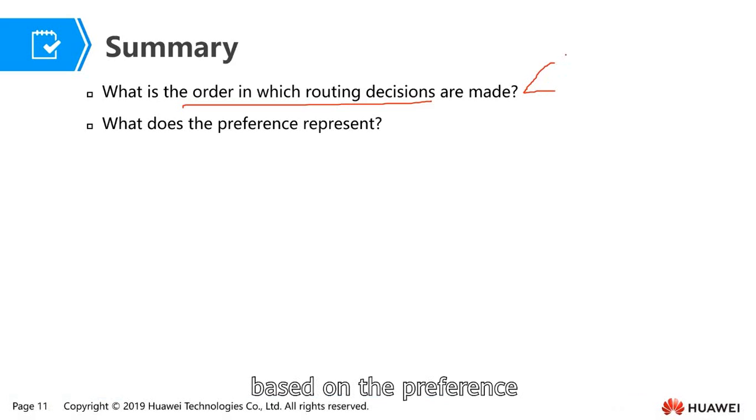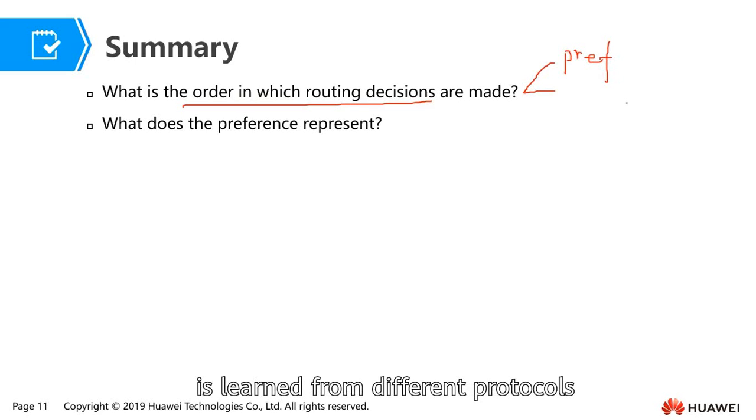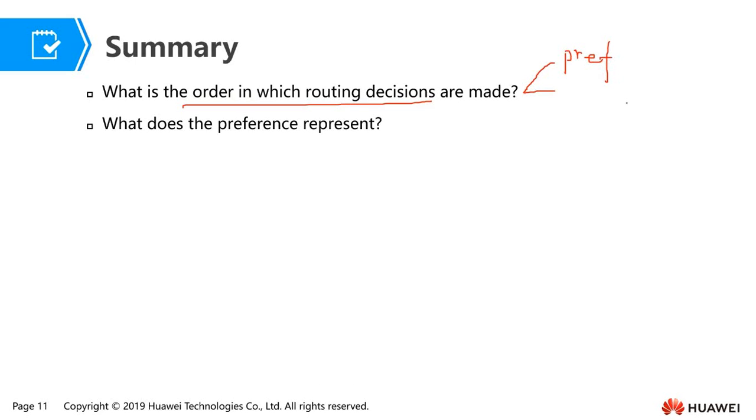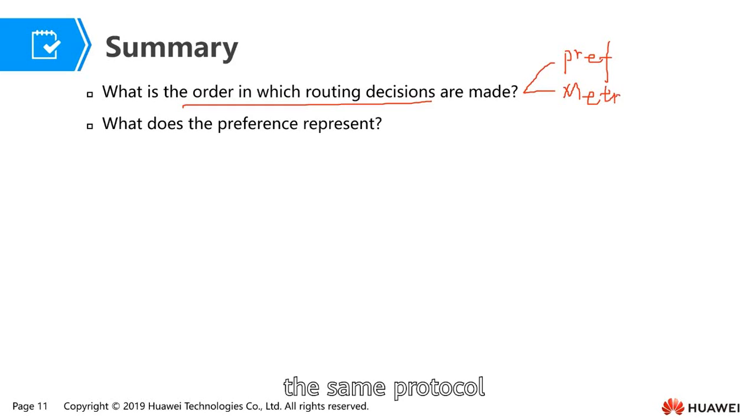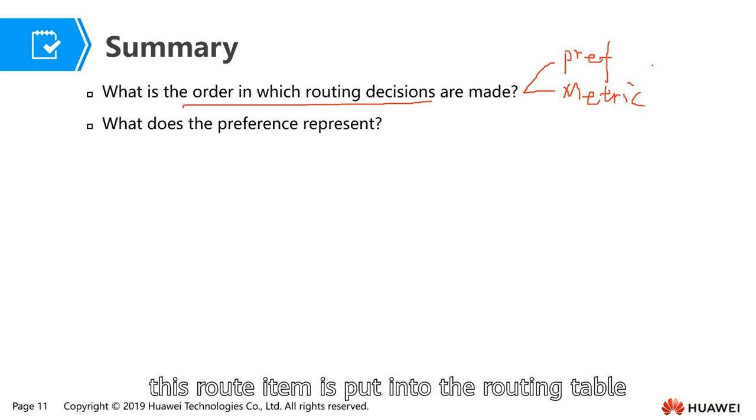The first criterion is the preference. If the route information is learned from different protocols, compare the preference. If the route information is learned from the same protocol, then compare the metric. Then this route item is put into the routing table.